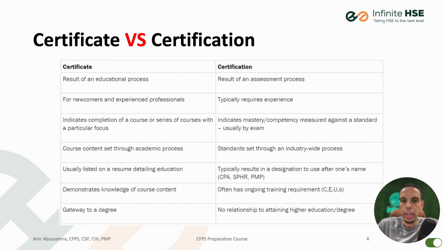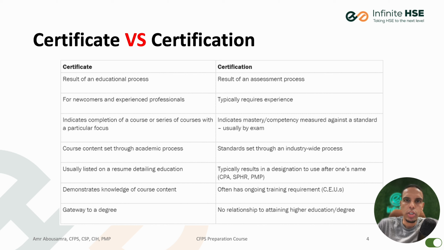But with a certification, you see many people adding letters after their names like CFPS or PMP or CPA. This is a designation, and it can also be added to the CV.